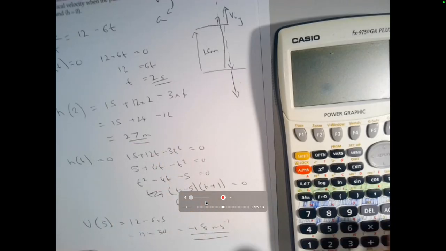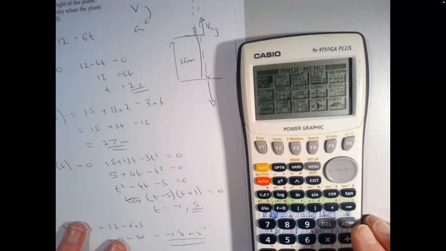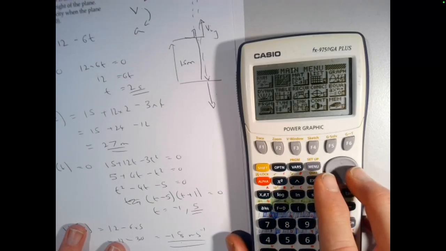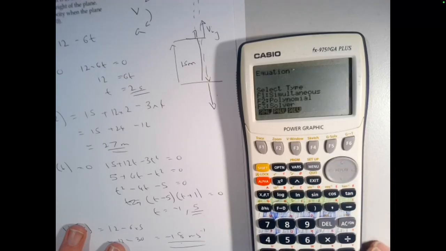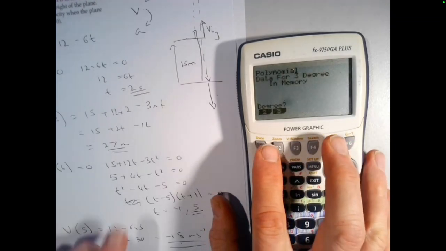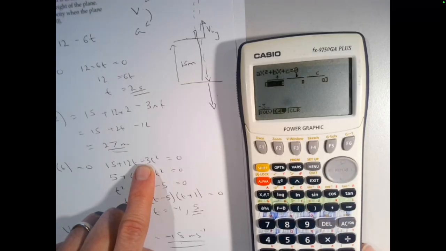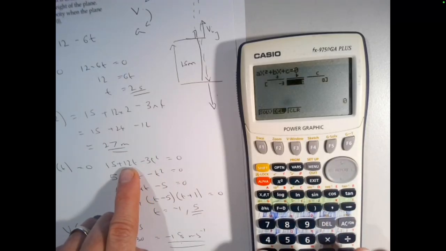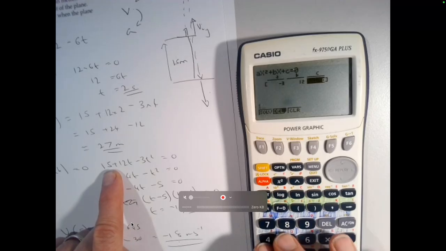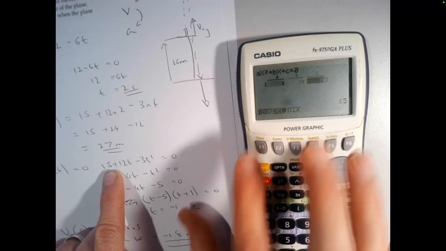Going back to this here, all this fluffing around, let's be quick. Turn on the calculator, there we go. Go to equation. We're going to do polynomial, F2. What's the highest order? It's 2. So that's going to be -3, 12, 15, and push solve.